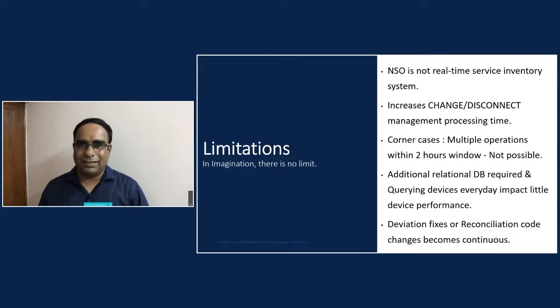So along with the additional relational DB, every 2 hours it goes and queries the device. It's a read-only activity and doesn't modify anything, because it still slightly impacts the device performance.